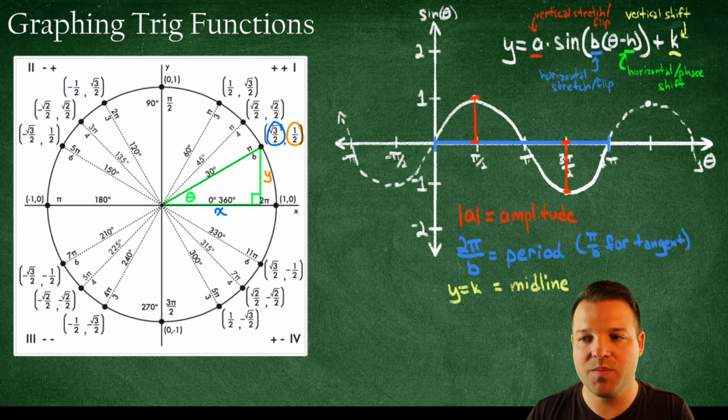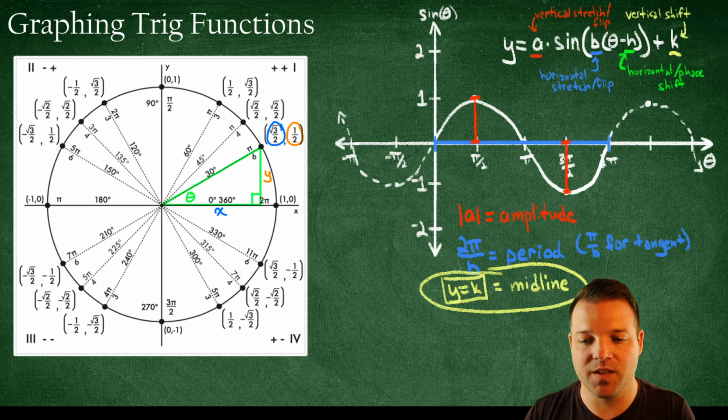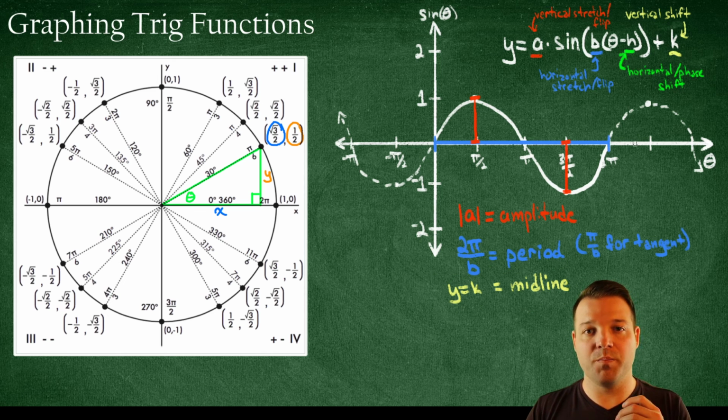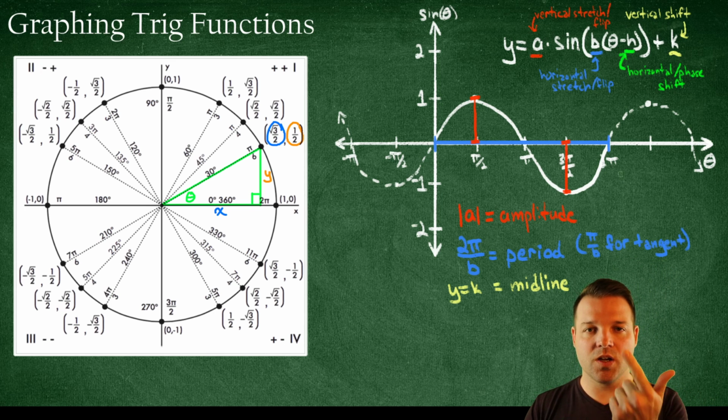And k can be used to figure out your equation of the midline. The midline that goes through the heart of this is going to be just y is equal to k, and that's it.